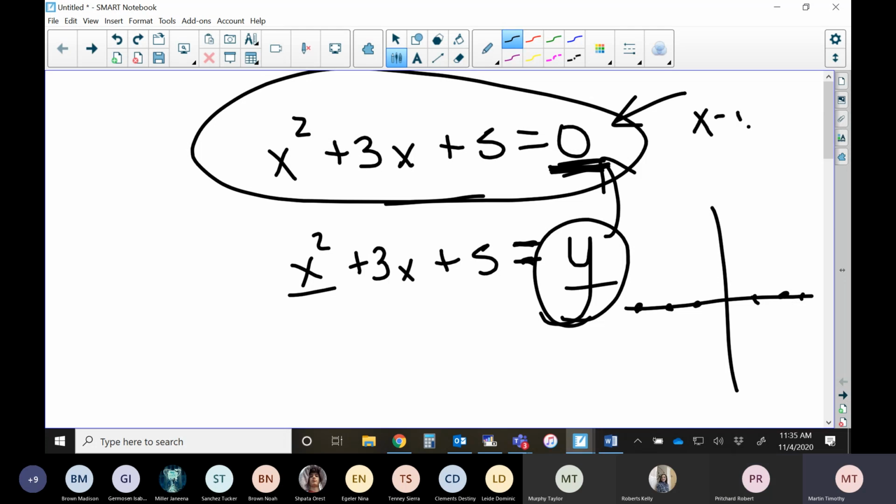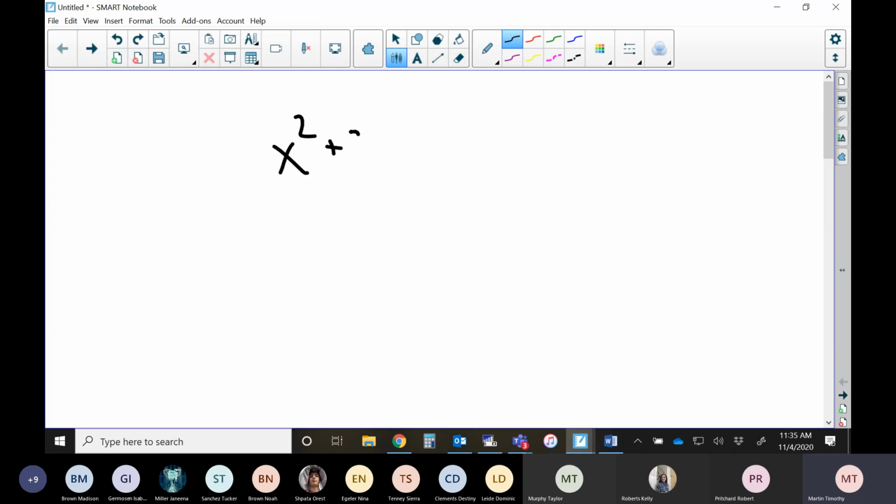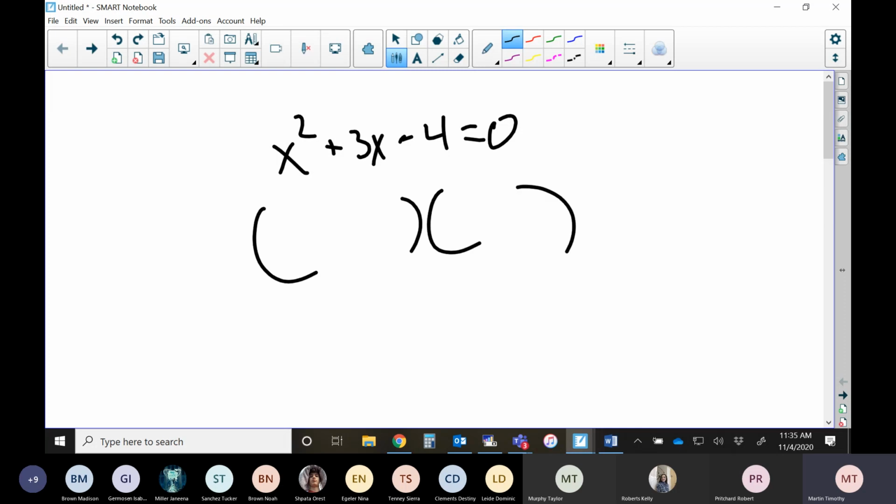It finds the x-intercepts for a quadratic. Does that kind of make sense? When I solve by factoring, (x + 3)(x - 4) = 0, I am solving for the x-intercepts. How do I know? Because my y is 0. Are you with me?